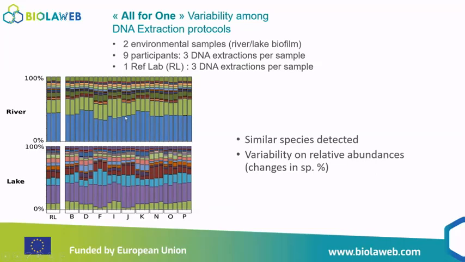So each participant has very consistent results, and they differed slightly, but in fact not so much. And for the lake, it was about the same. It differed also a little bit, but similar species were detected. And we have some variability in relative abundances, you can see. So there are changes in species percentage, but not so bad.